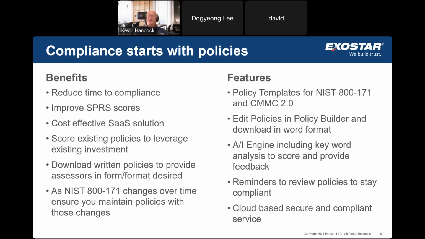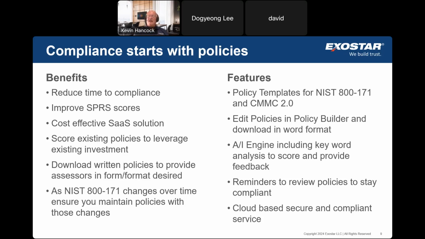It then provides you feedback on how to improve those scores, whether those are keywords that you should have included, maybe you need to expand in certain areas, or maybe one that you have from something you've done in the commercial space, it can give you those indicators of what you may need to change to make it fit the 800-171 requirements.